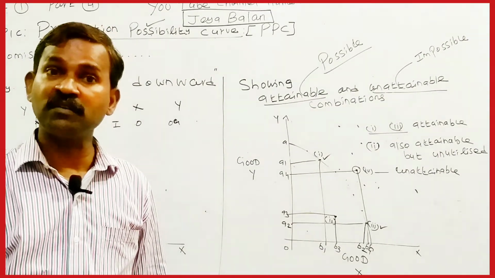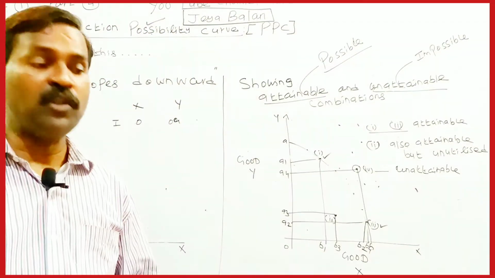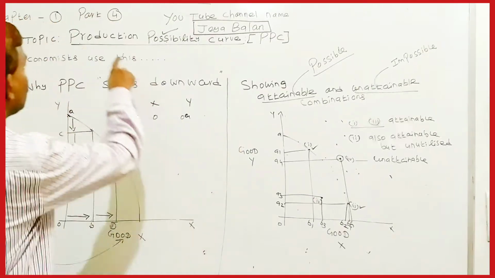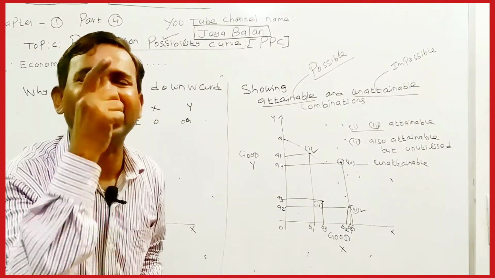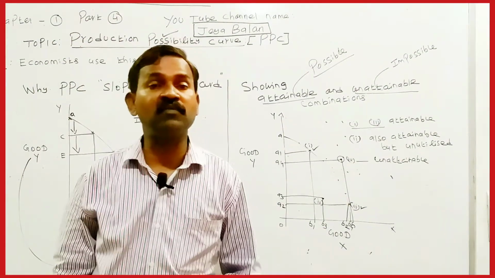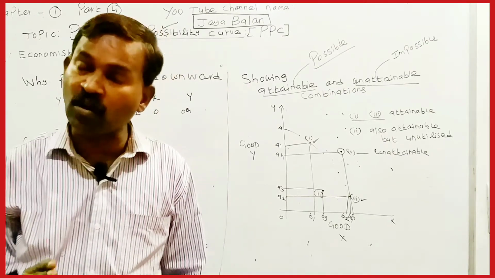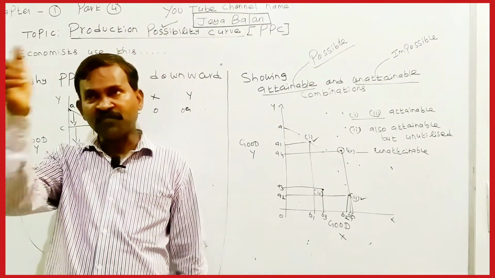Hope you all understood. Now, students, in the next video, I will be continuing with the same concept, production possibility curve, but with certain techniques. What are the techniques that we are planning to discuss in the next video related to this topic PPC? What is shift?